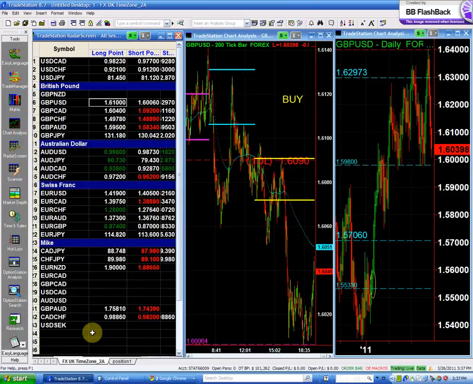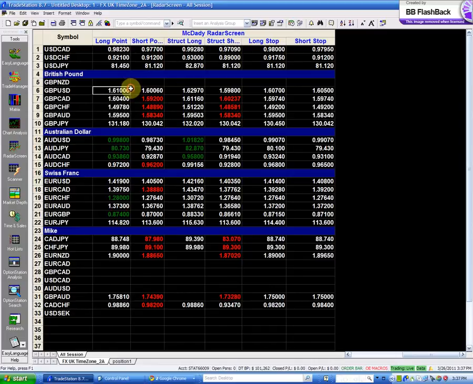We're looking to be shorting the pound, and we are going to buy the pound if it goes above the 161 handle. If we do, we're going to place our stop below the 160.07, so we're risking about 30 pips on this trade. My structure long is the 162.97.